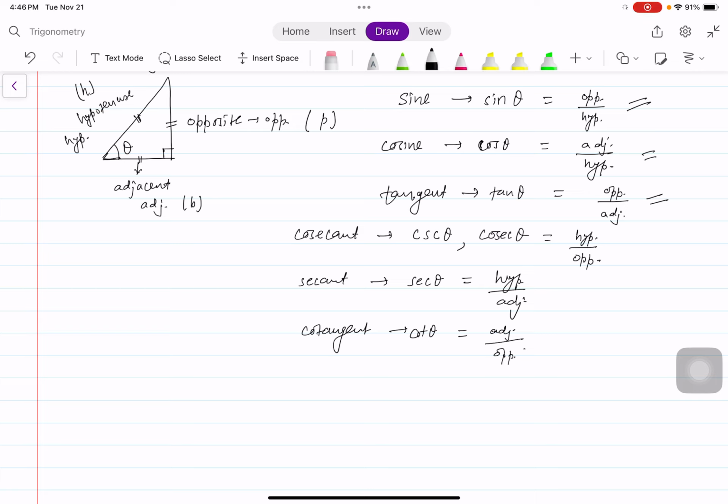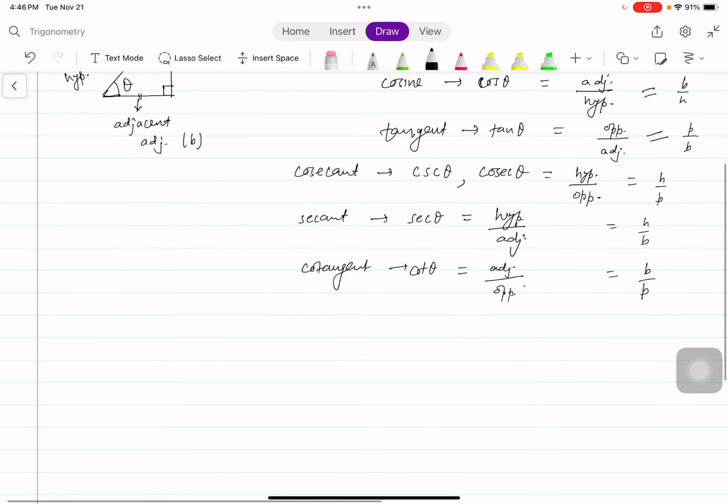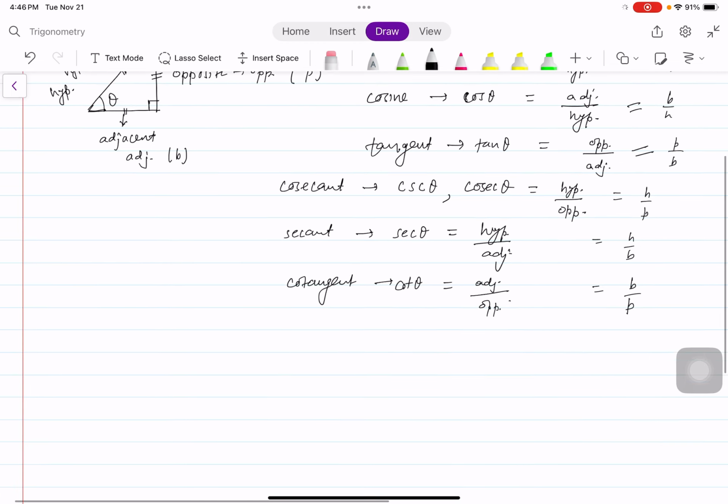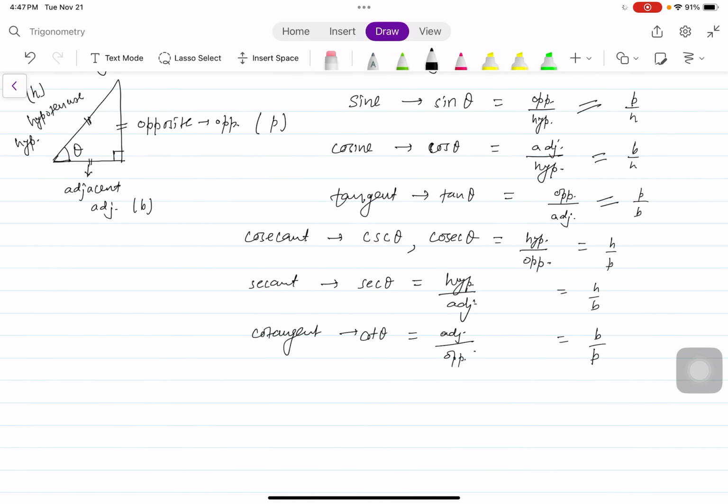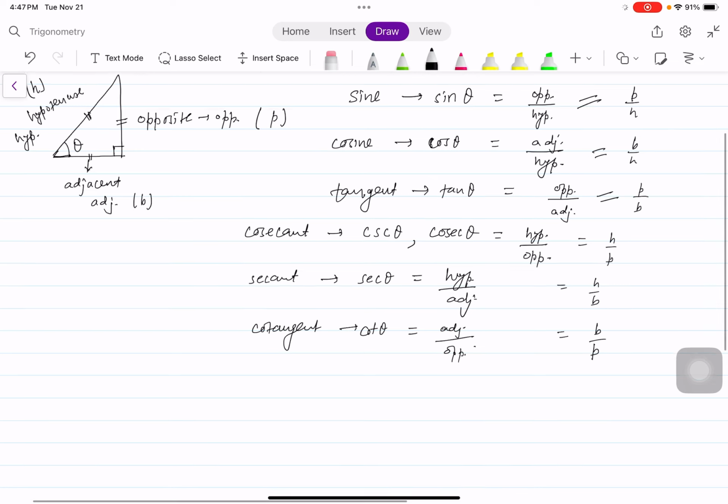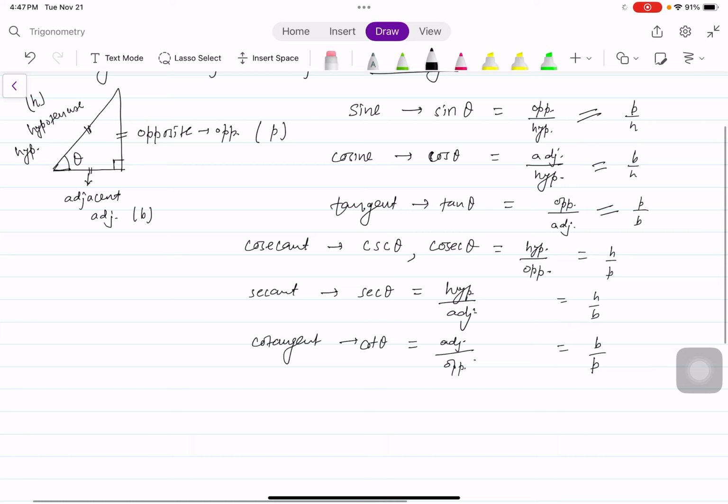Some people use P over H, B over H, and P over B, since opposite is P. Then H over P, H over B, and B over P, for sine, cosine, tangent, cosecant, secant, cotangent.